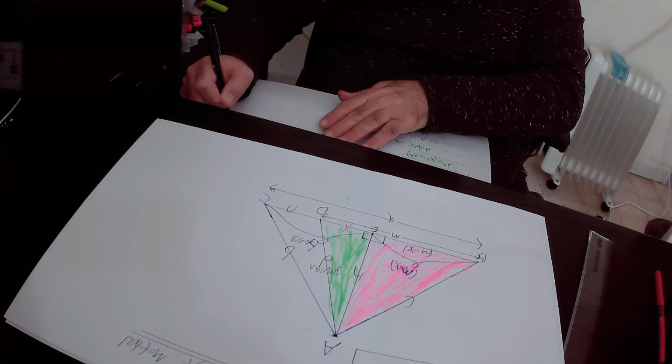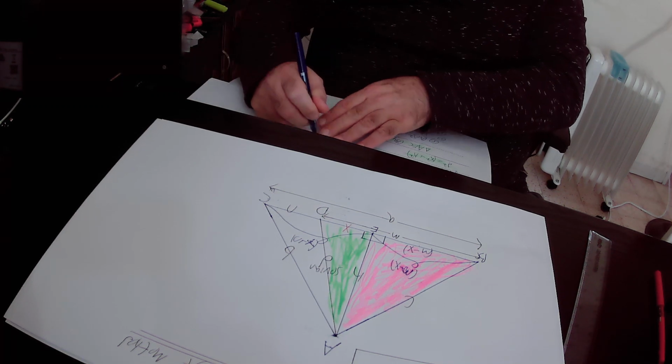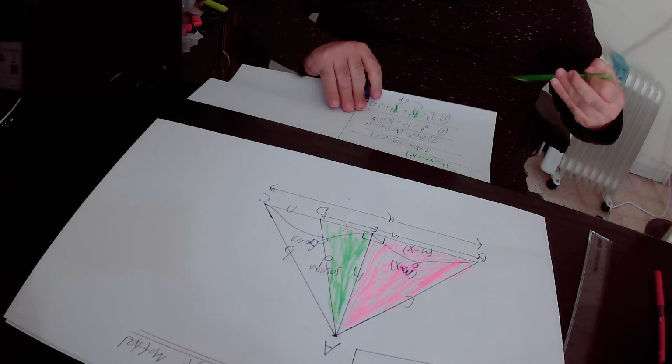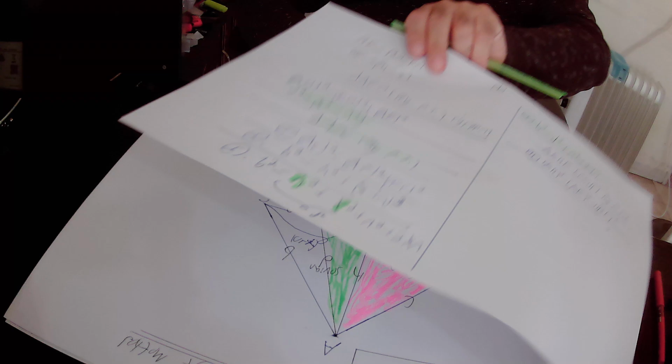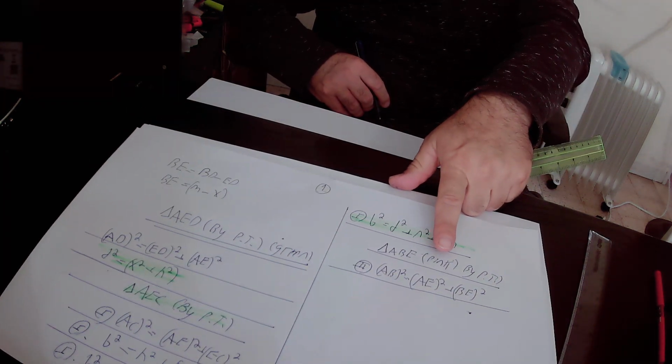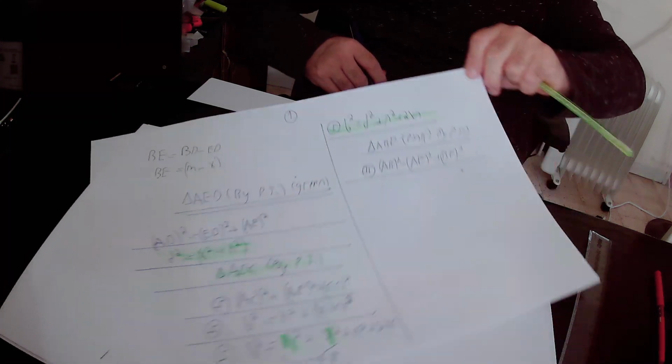I repeat again. In the right pink triangle ABE, according to the Pythagoras theorem, we get that AB squared equals AE squared plus BE squared.